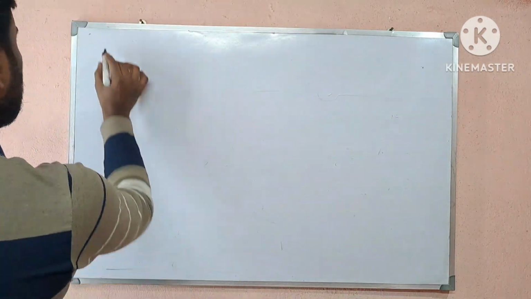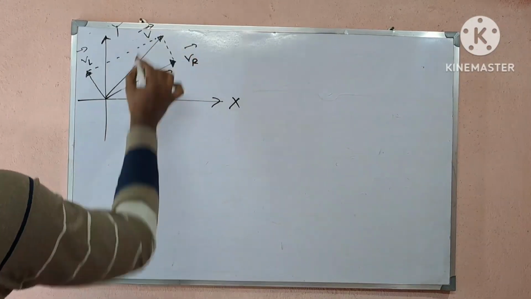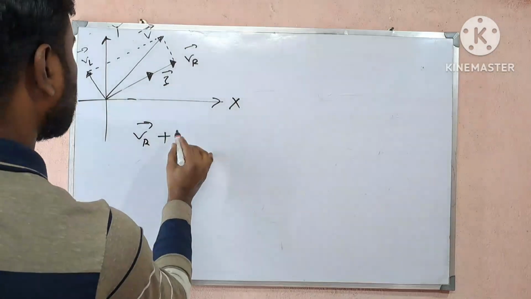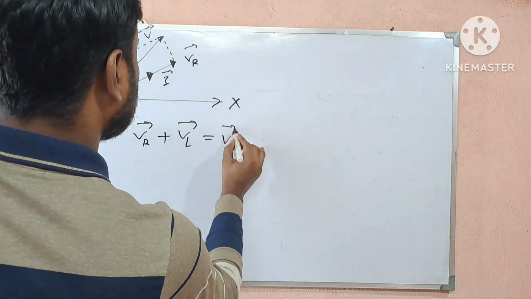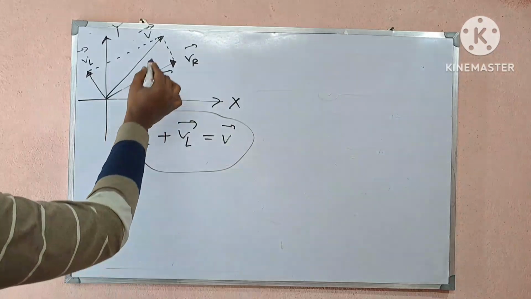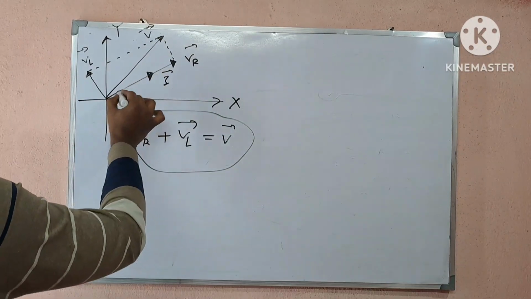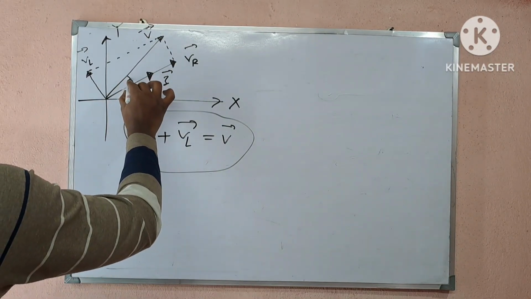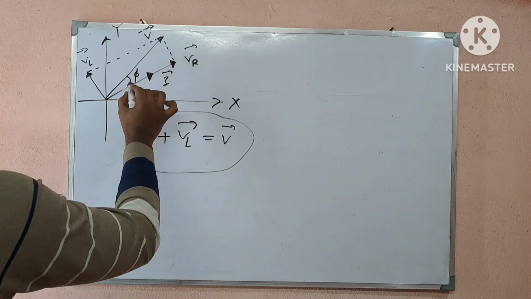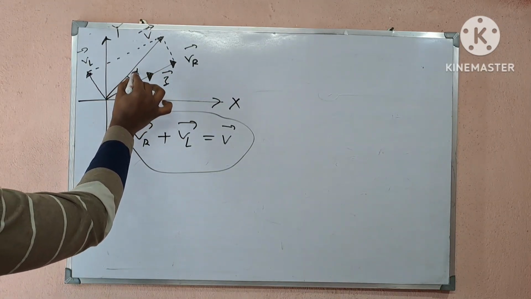Let's draw the phasor diagram first, then we will calculate the other values. That will be easier for all of us. We can say that VR plus VL is equal to V, applied voltage. And here this is the applied voltage and this is the overall current in the circuit. So current in the circuit is lagged behind voltage by some angle phi. This is phi.